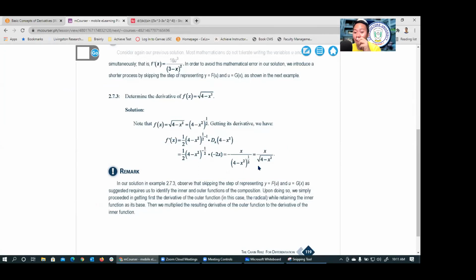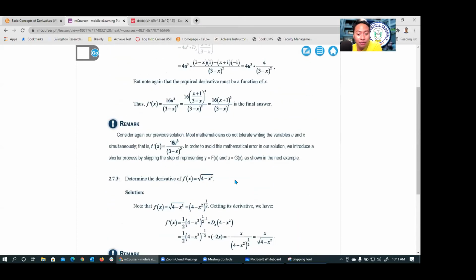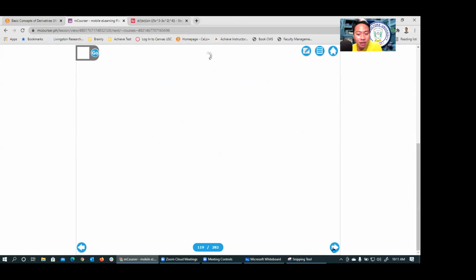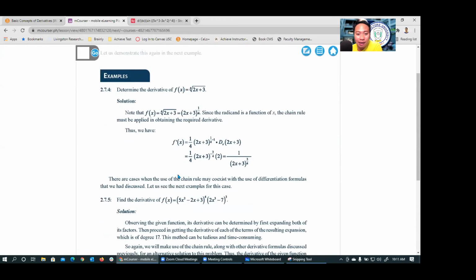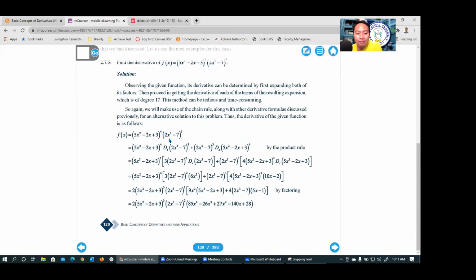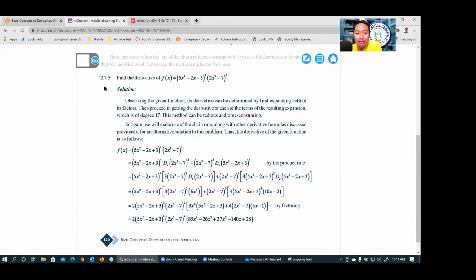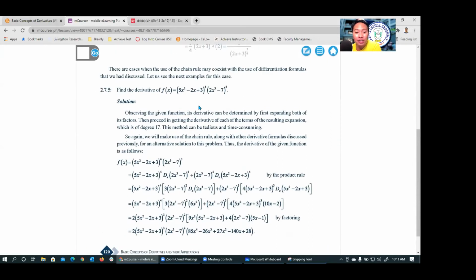Then you just simplify. Your answer should be like this. Question? There are more examples in the book that you can refer to. You can check these other examples. Example 2.7.5, guys, is a combination of the product rule and the chain rule.